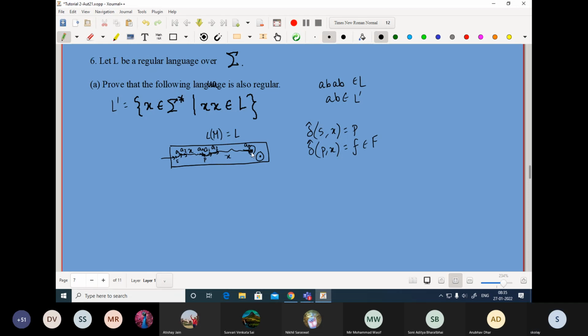Ma'am, can we build an NFA such that after we reach P, we make an epsilon transition to one of the final states? But how will you know that? Because I don't know this P, right? I don't know which XX will be a good candidate. I'll have to go through all strings in L to check whether it is of the form XX or not. Okay.